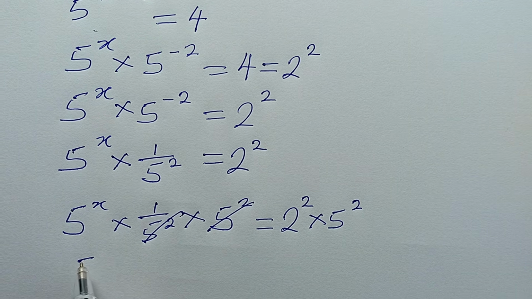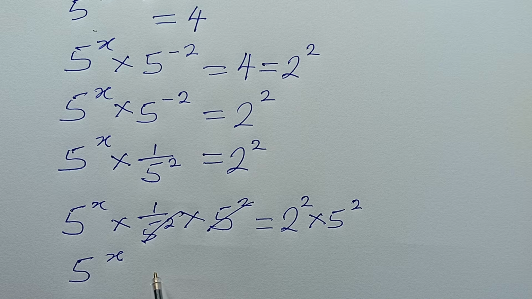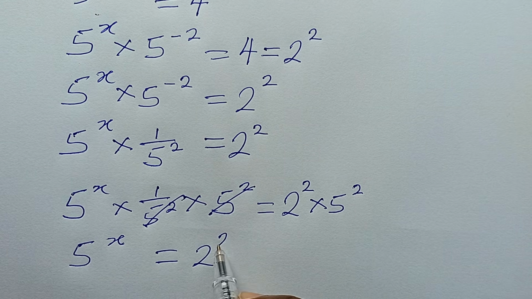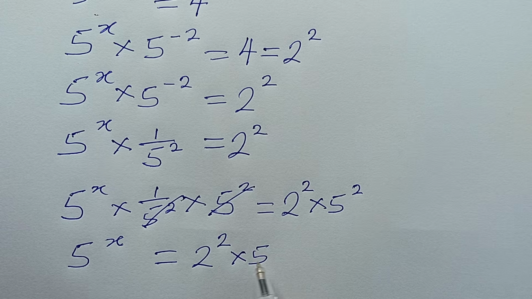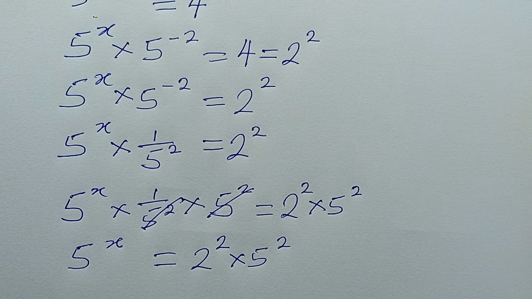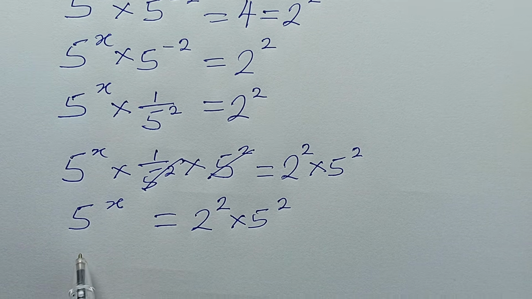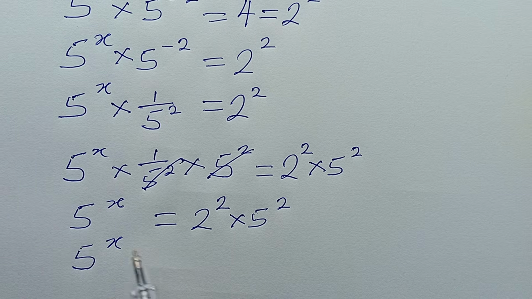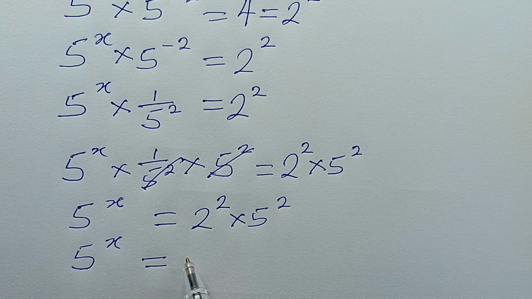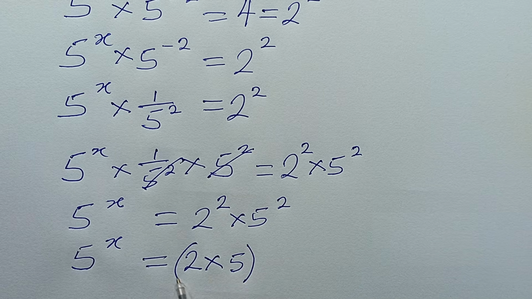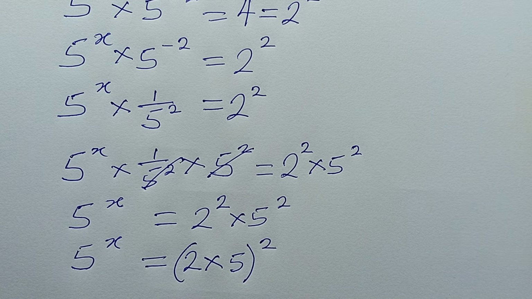Now, this will go with this. We now have 5 to the power of x is equal to 2 to the power of 2 times 5 to the power of 2. Good. So with what we have here, we can rewrite this expression to give us 5 to the power of x is equal to 2 times 5 all raised to the power of 2.